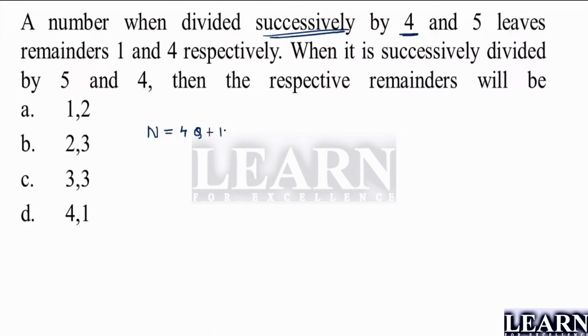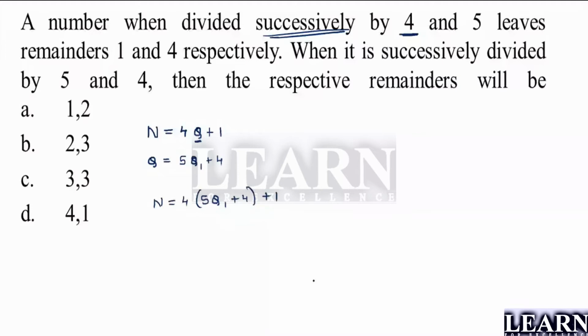After dividing n by 4, you get some quotient, which is q. Then q equals 5 into another quotient, q1, plus remainder 4. Combining this, n equals 4 into (5 q1 plus 4) plus 1.